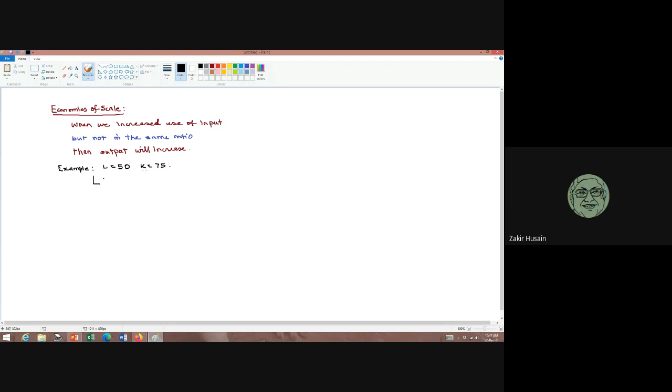You can increase capital by 150. You can make capital 500. You can do whatever you like with capital. Okay, you don't have to keep the labor capital ratio unchanged. But it can only be done when we have enough profit and enough production after a certain point of time.